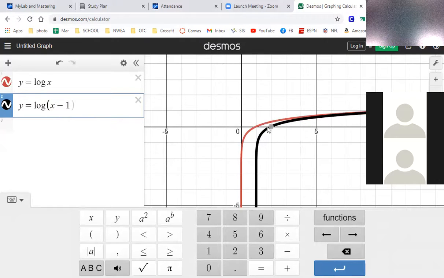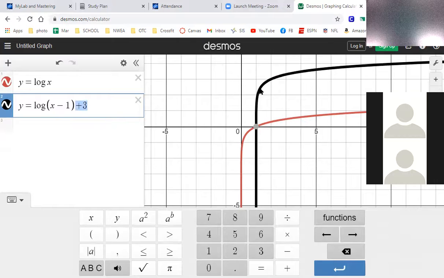A minus would actually shift it to the right. So again, anything being done outside of the function, like this +3, shifts up. Anything in parentheses inside of the function shifts it left and right, and it moves backwards. So again, the minuses move right, pluses move left.